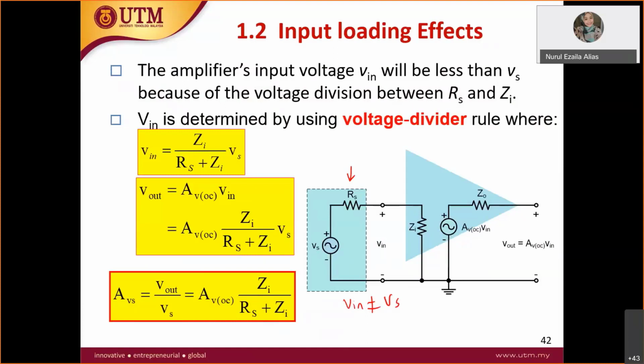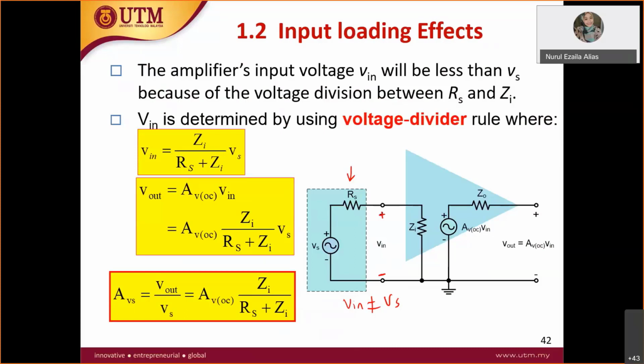This is your V in. Let's take out this circuit like this. Across this, V in is actually your Z in. So V in is actually the voltage across Z in. Do you agree with me? Because it is in the same parallel node. Therefore V in is actually the voltage across your Z in.